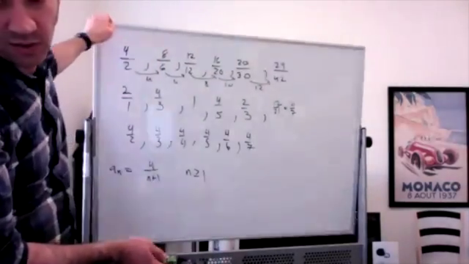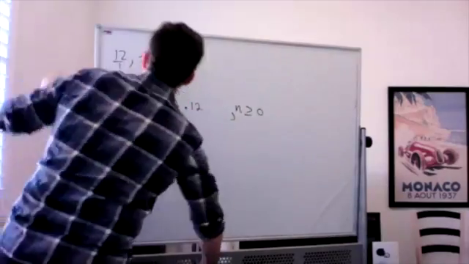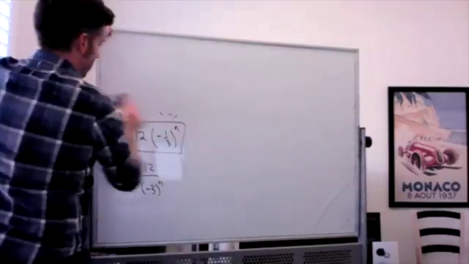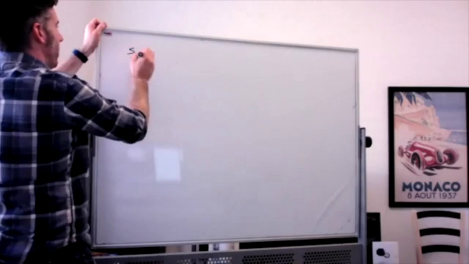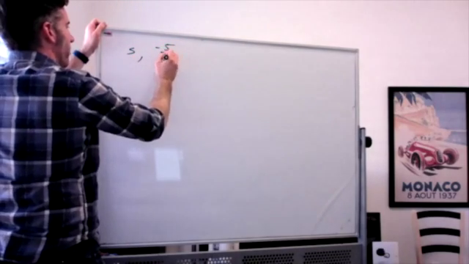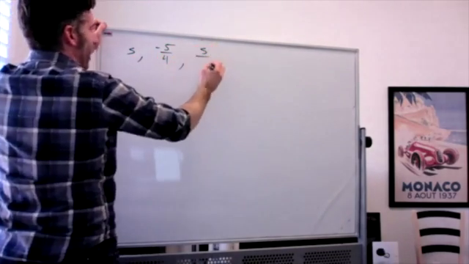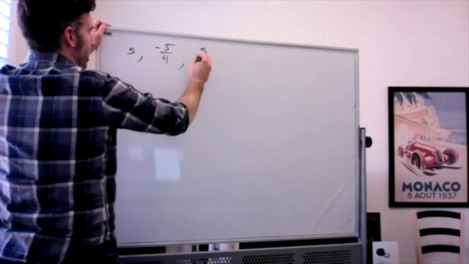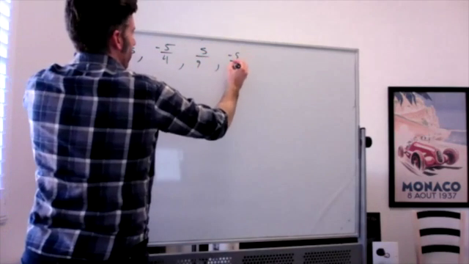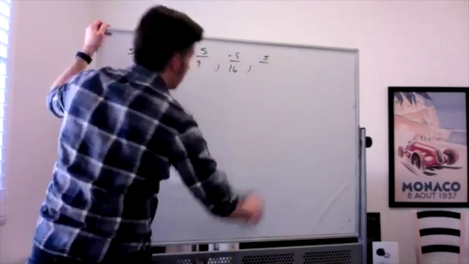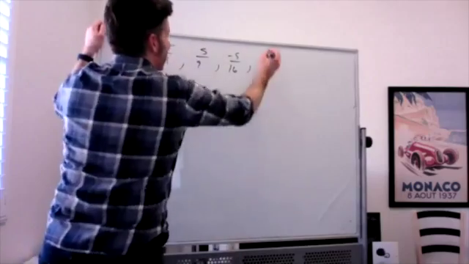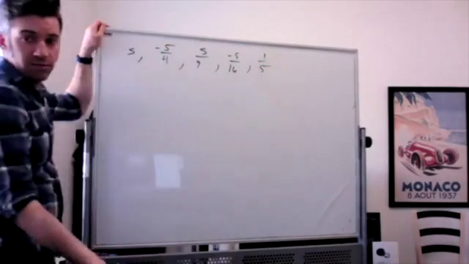Okay, so for example, let me just throw 2 quick ones at you guys. There's one kind of like this in the notes, which is not going to be super hard. Let's say we had this: 5, -5 over 4, +5 over 9, -5 over 16, +5 over 25, which someone could write as 1/5 if they were trying to be cruel.